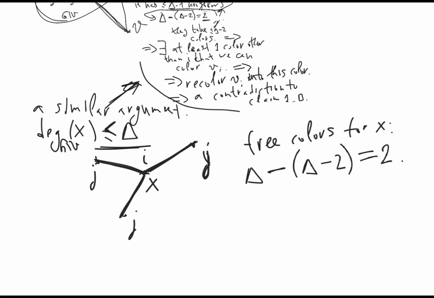So this is again equal to delta. Just to explain a little bit more: delta minus 2 is the bound on the number of colors that the neighbors of x take.